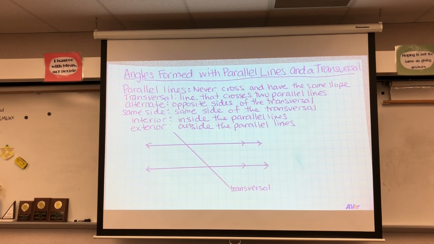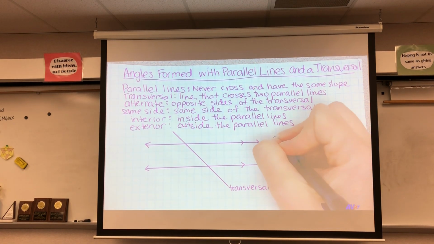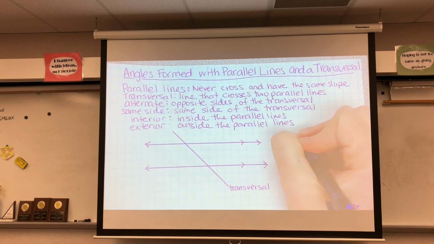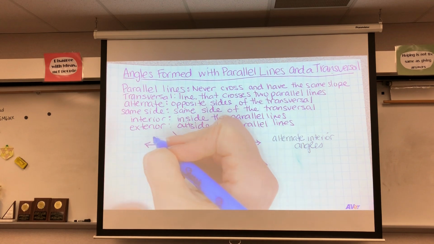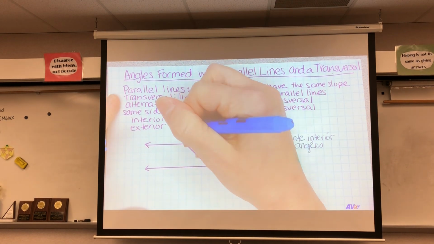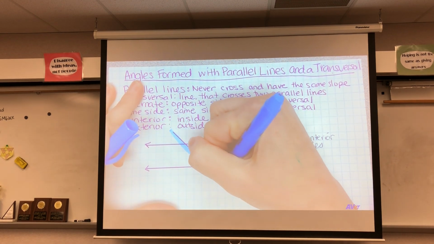So let's talk about which kinds of things match. If I asked you to do alternate interior angles, let's see if we can find a pair. There's more than one. The first thing you may want to do is highlight your transversal.